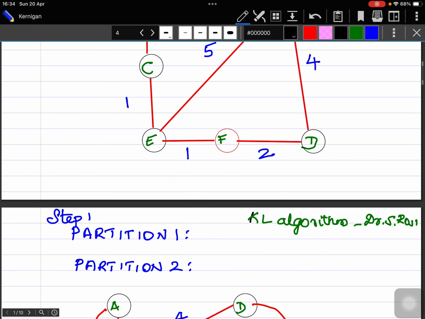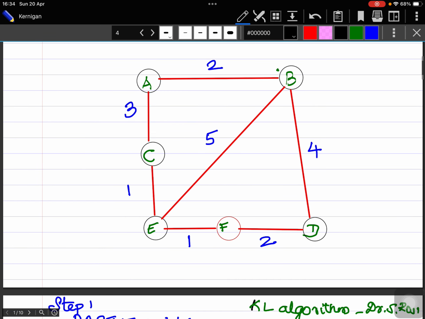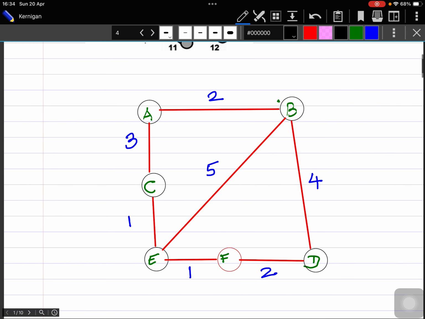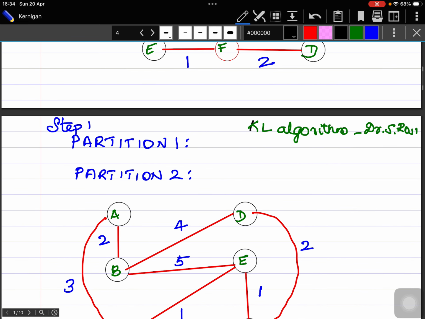Initially I will divide this graph into 2 partitions. If you look at this figure, A, B and C are closely kept, and D, E and F are close. So I'll have the initial partition as A, B, C, and the second partition as D, E, F.